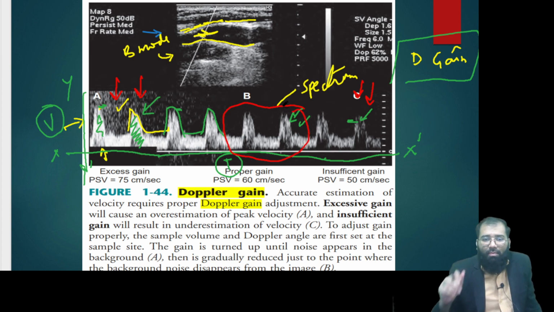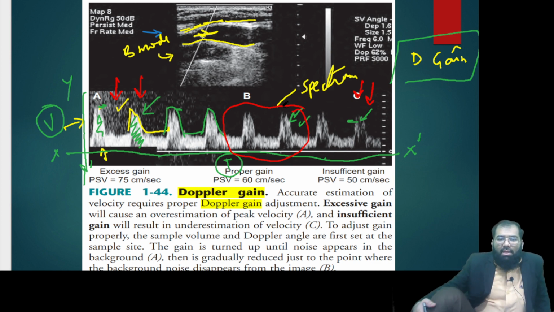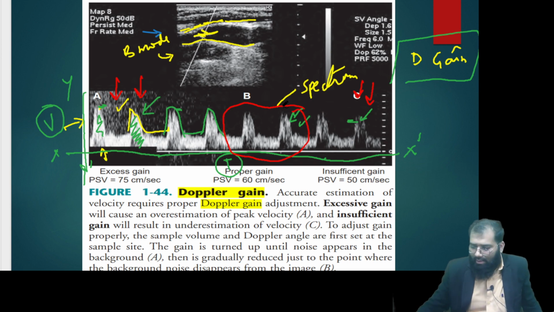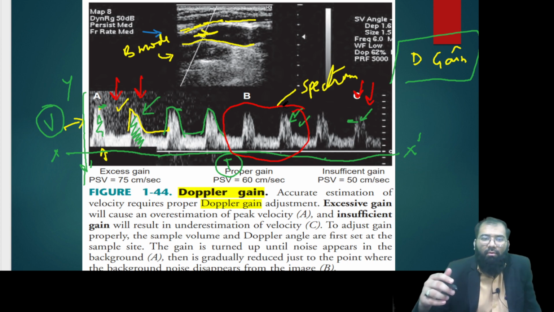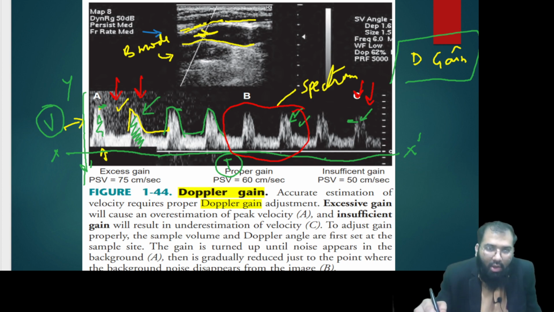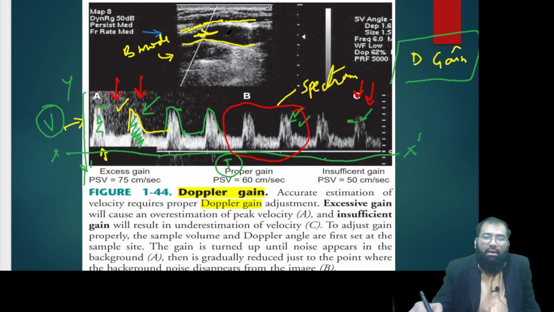Okay, so once you set the Doppler angle, then at the particular side, the gain is such kept so that you get minimum noise and you get a very good spectral waveform instead of mixed waveform. Only then you will get a reliable PSV or peak systolic velocity. So this was the function of D gain.